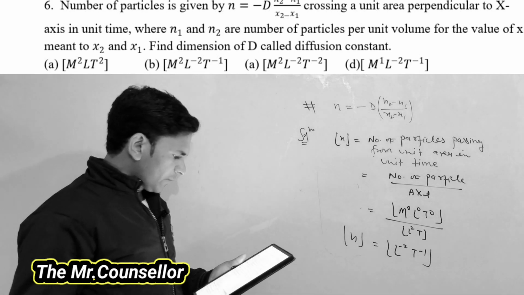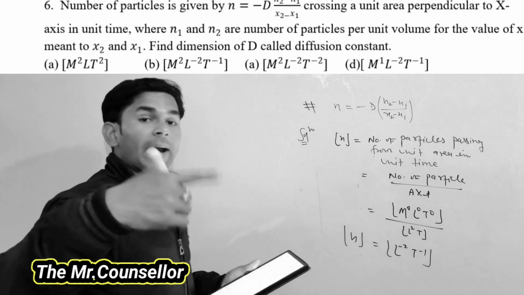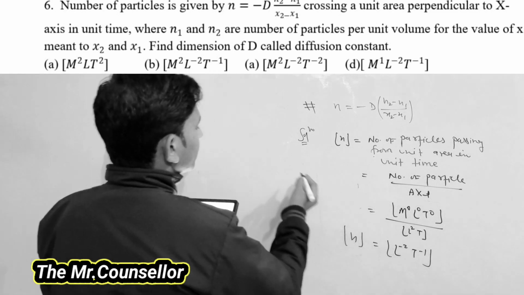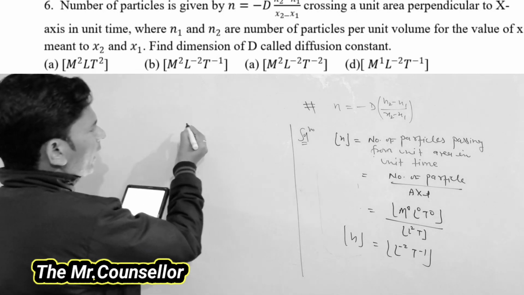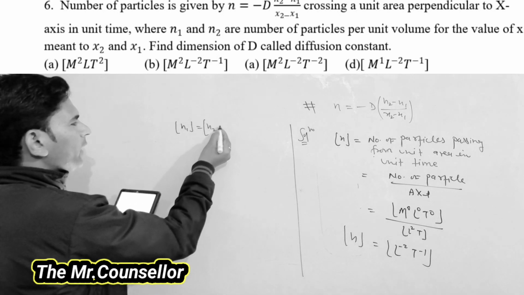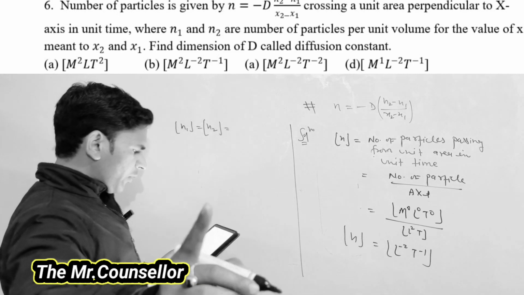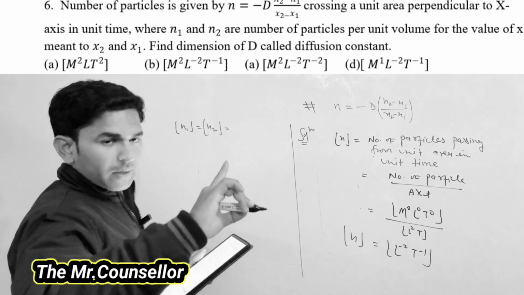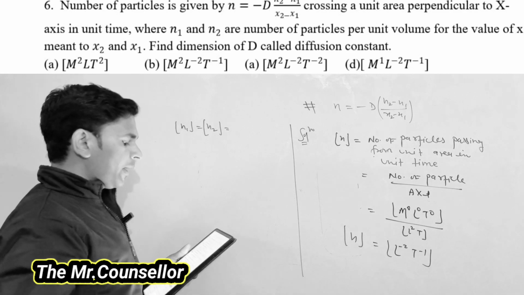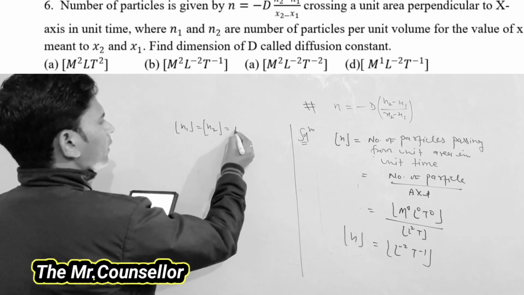After this, there are n1 and n2. What is the dimensional formula of n1 and n2? You can see in the question: number of particles in unit volume.